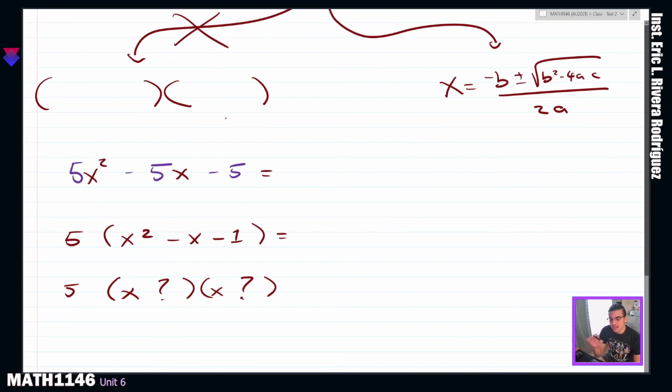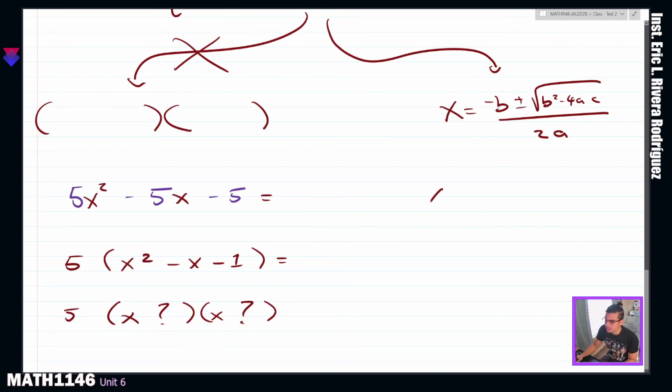In your test or in your exercise, you are going to reach routes that are dead ends. Do not feel bad about that. Just say, okay, this route is not the one that is going to help me, let's go to the other one. And here, with the quadratic equation, we can find those irrational zeros.